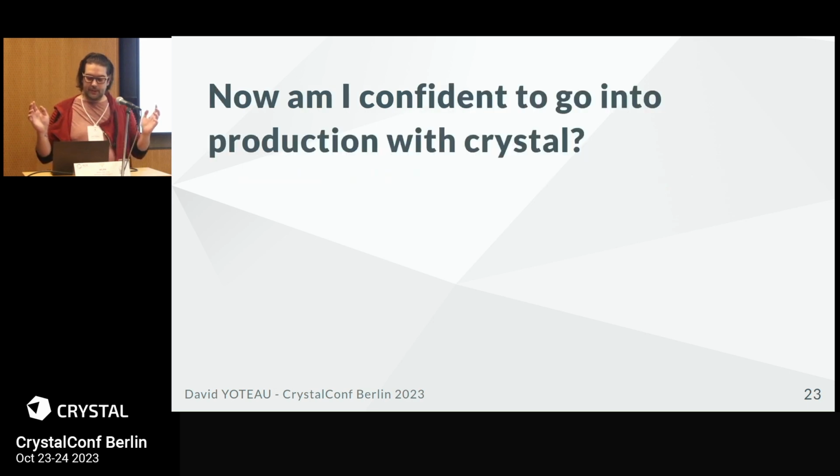Now, am I confident to go into production with Crystal? Me, I do, I say. But my clients see the interest, but they are afraid of not finding developers who write Crystal code. It is very difficult, I think.